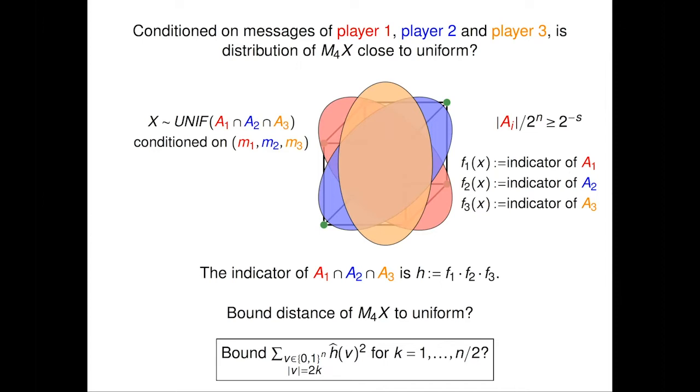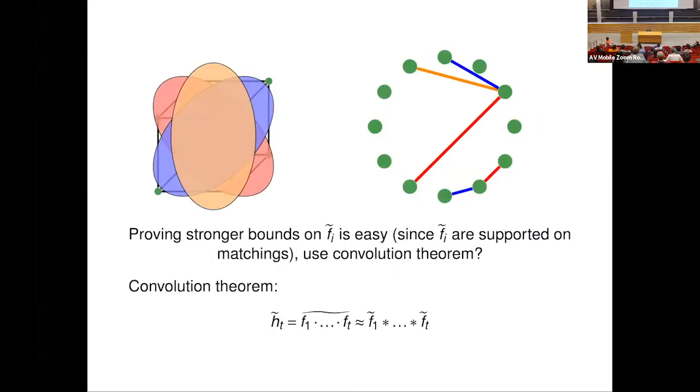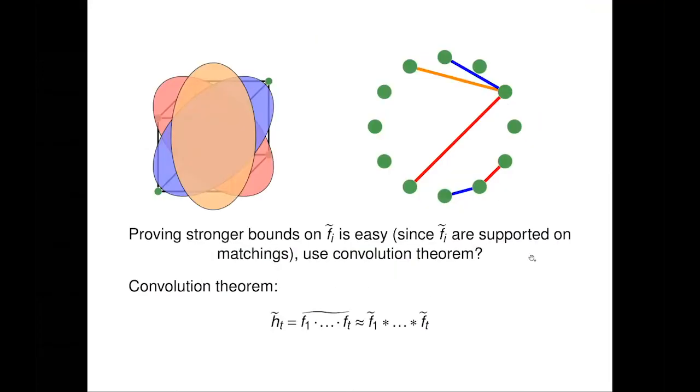So in order to prove that from the 4th player's perspective, the distribution of the bits on their matching, the parities across the edges of their matching, is close to uniform, it is enough to mimic the proof of the Boolean hidden matching analysis, and upper bound the sum of squared Fourier coefficients of various Hamming weights. That's exactly what would correspond to Boolean hidden matching. And the question, however, is how to do this, because we need significantly stronger bounds here.